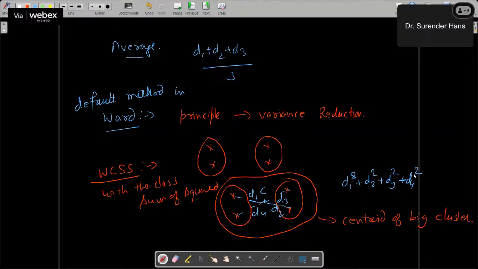Okay. So first you find out the centroid. Then after, you check the WCSS. Okay. So now you forget this big cluster.